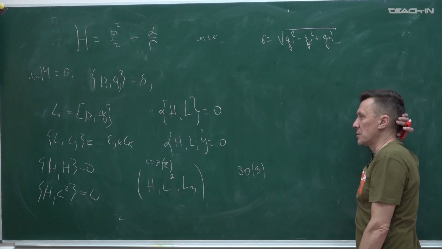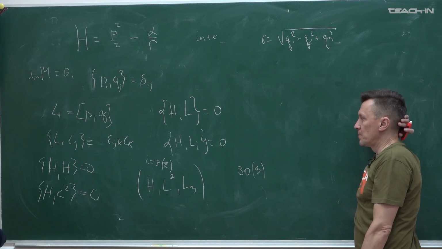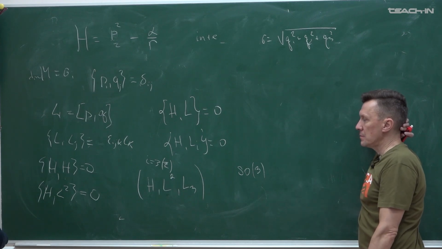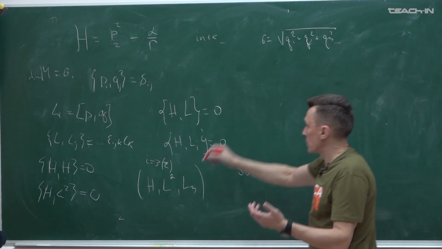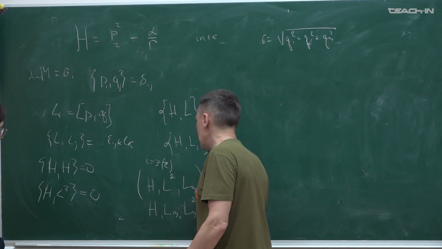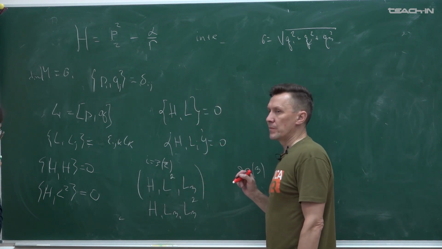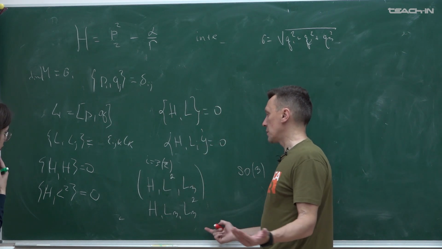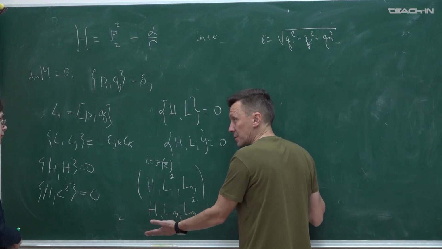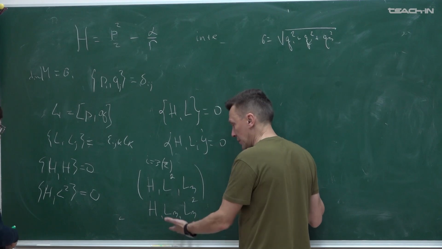Maybe they are dependent, so maybe in fact they correspond to some smaller number of functions. If for example you write L3 and L3 squared, this is also a set of 3 integrals in involution, but they are dependent.